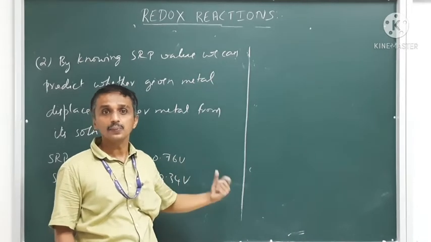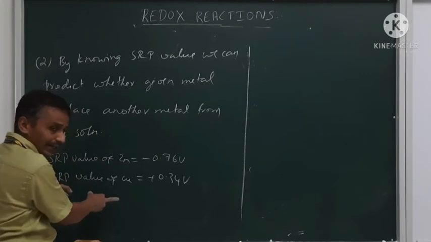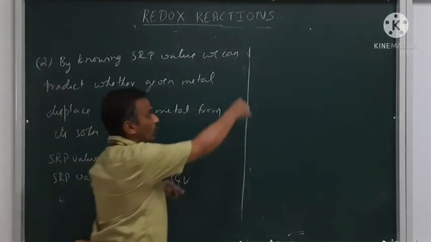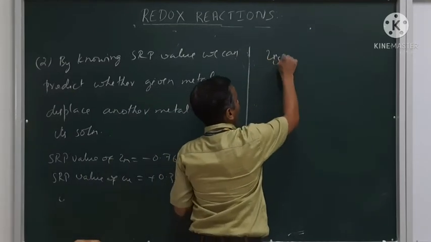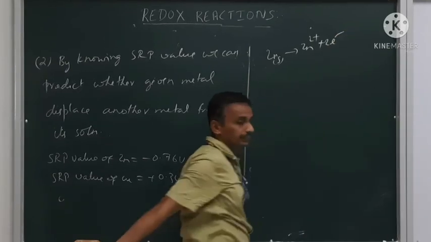Therefore, they become the better reducing agents. So here, among zinc and copper, zinc has the lower SRP value. So, solid zinc gives zinc 2 plus and 2 electrons.